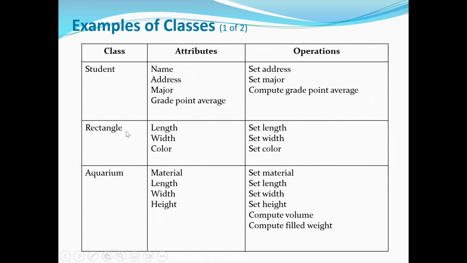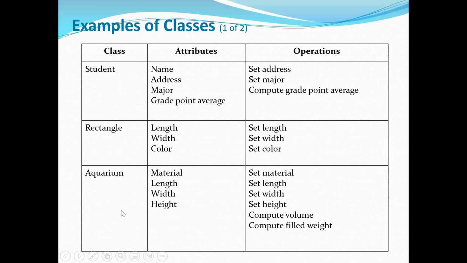Another example we have here is Rectangle. The characteristics of a rectangle are that it has a length, a width, and also a color. What operations can we perform on rectangles? We can set the length, set the width, set the color, or even compute the area of the rectangle. The next example is Aquarium.